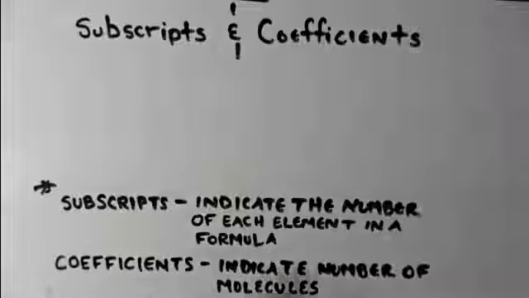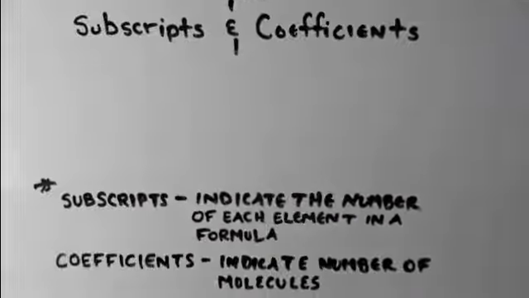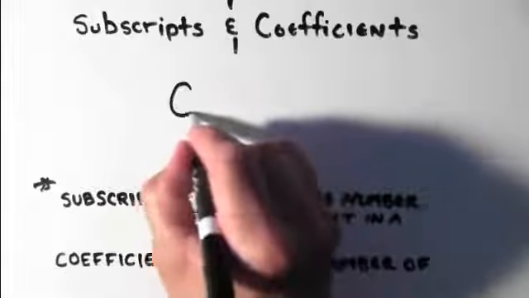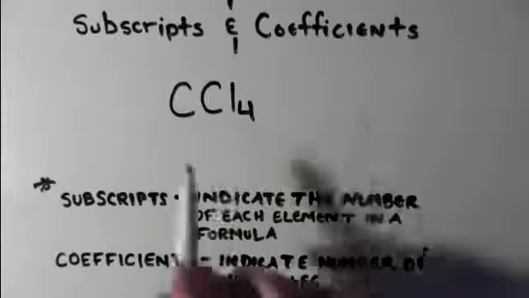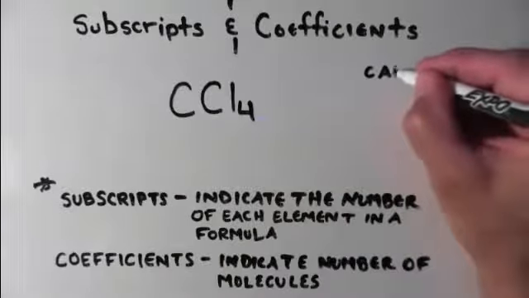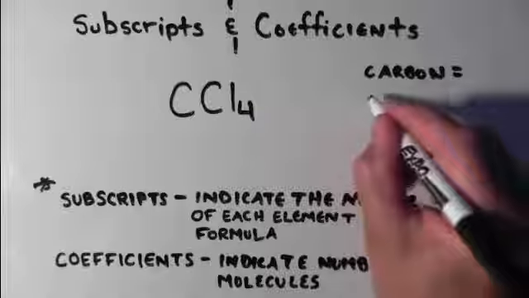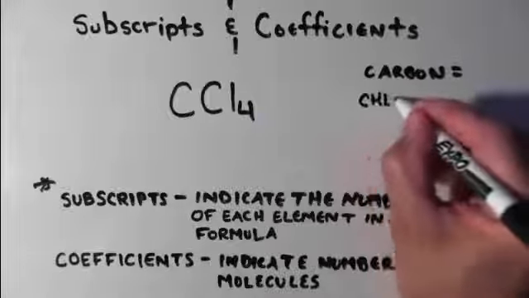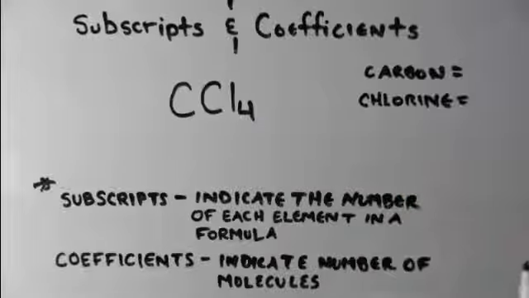What if I had a molecule of carbon tetrachloride? The elements present are carbon and chlorine. These are the elements present.